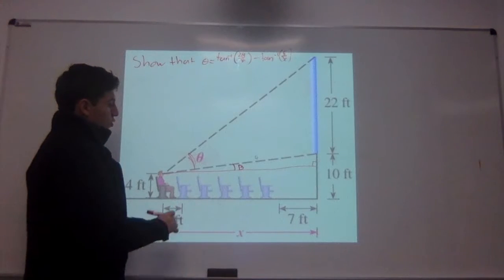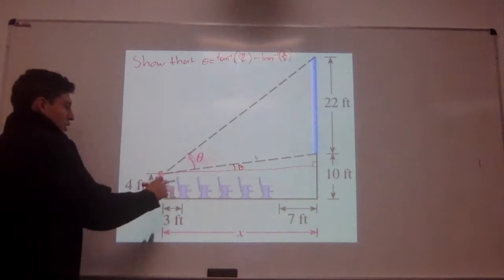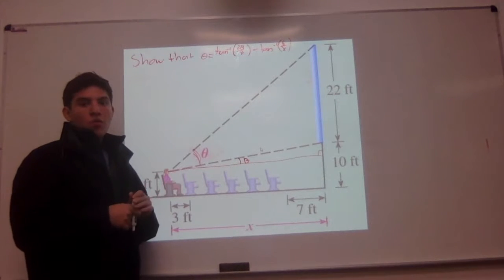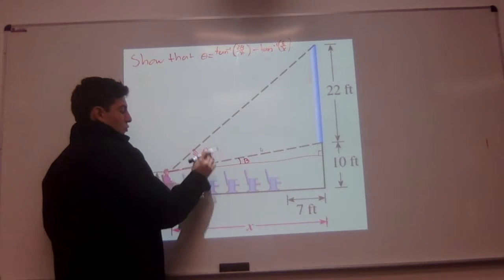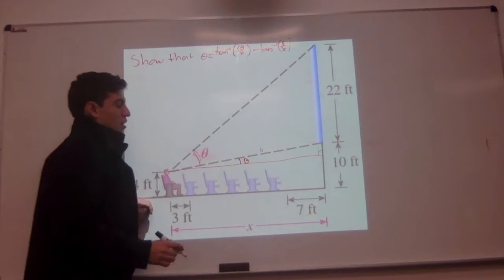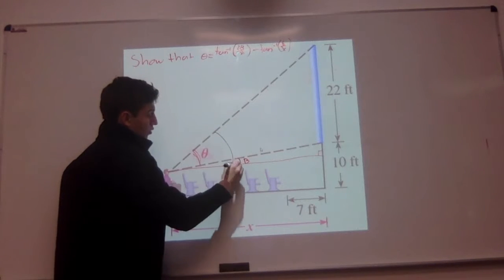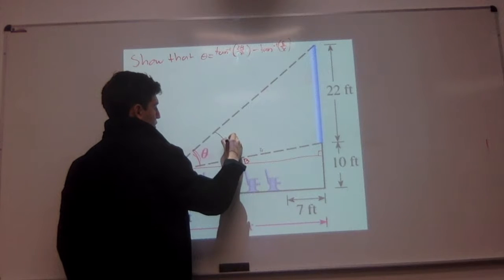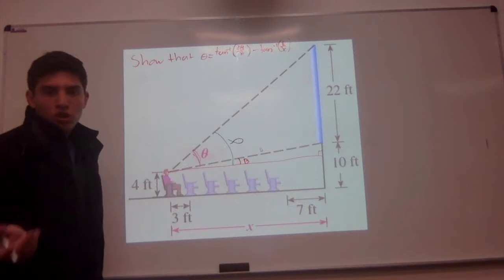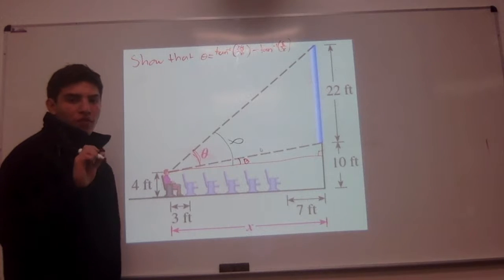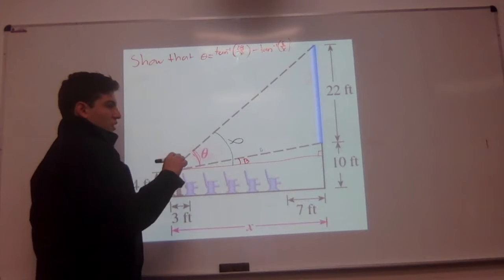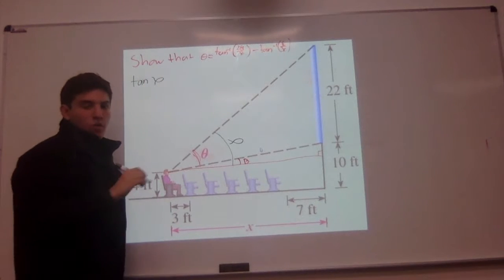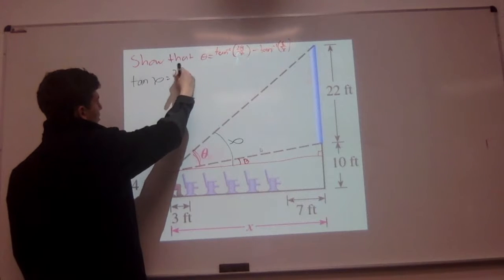So having this new section, we can say this. We have two angles, angle theta and angle beta, and the whole angle is the angle alpha. So for the first section, we can say the tangent of theta is equal to 28 over x.